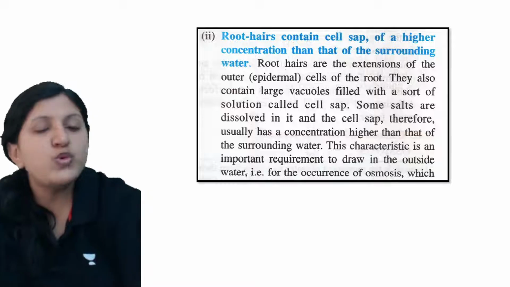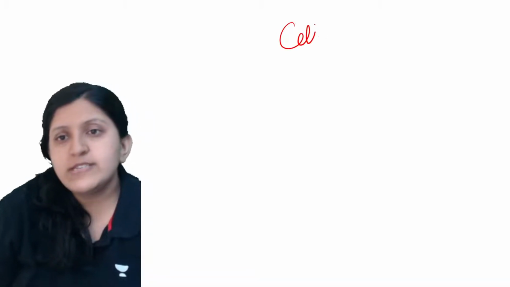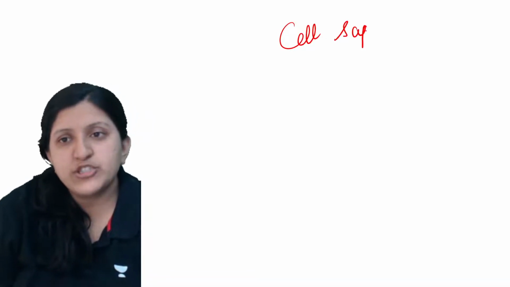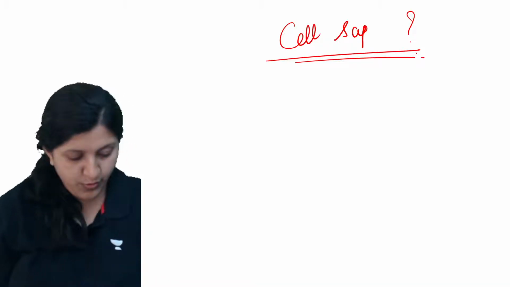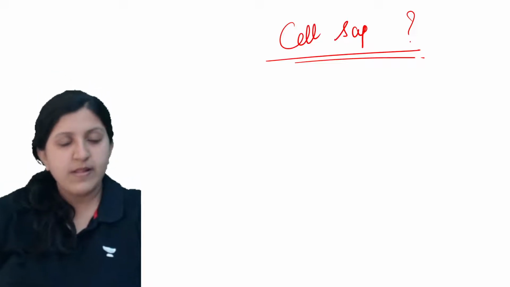Now let's have a look at this: root hair contains a cell sap. So what exactly is cell sap? Anybody? Those who know the answer?